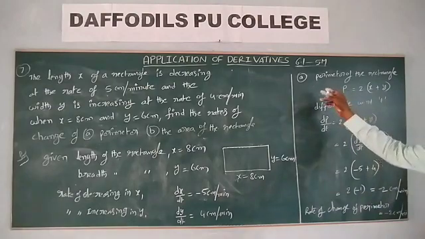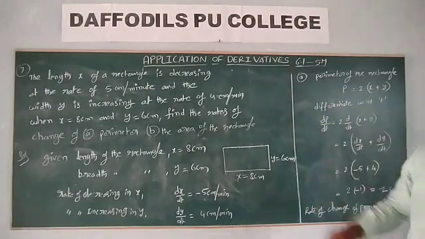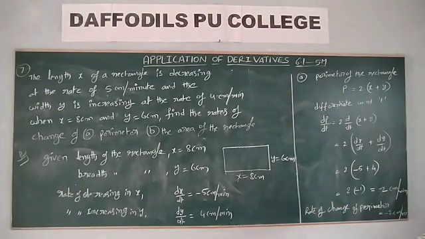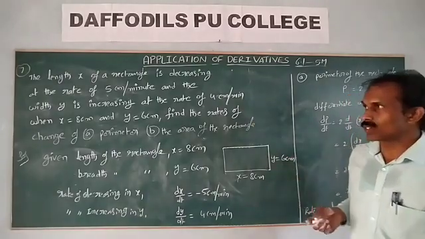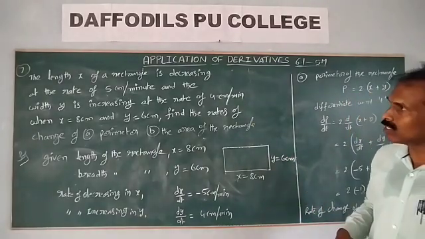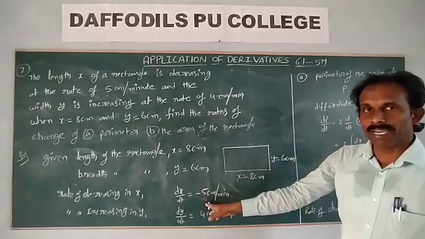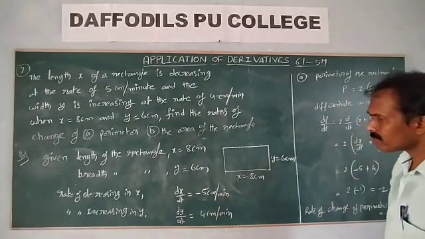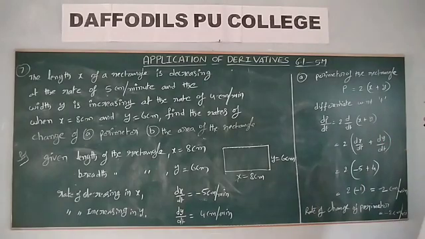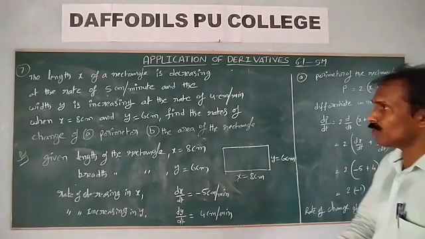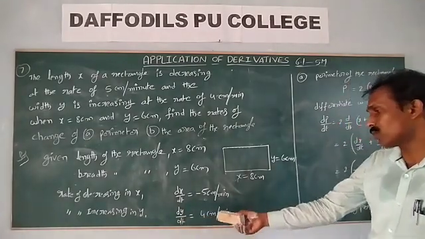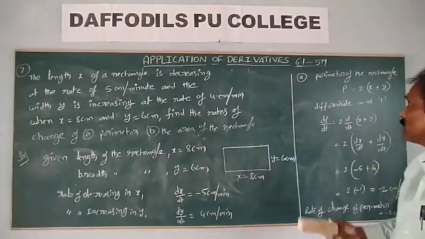So this is the A bit. First of all, read the question carefully. The length x of a rectangle is decreasing. Decreasing means negative value, that is change in x. That implies dx by dt is equal to minus 5 centimeter per minute. And the width y is increasing. Increasing means positive value, dy by dt is equal to 4 centimeter per minute.